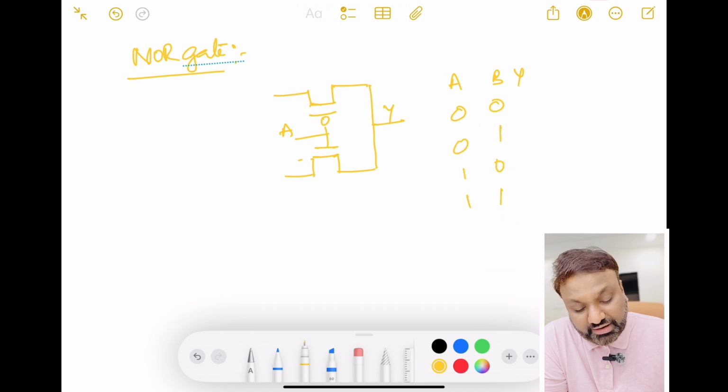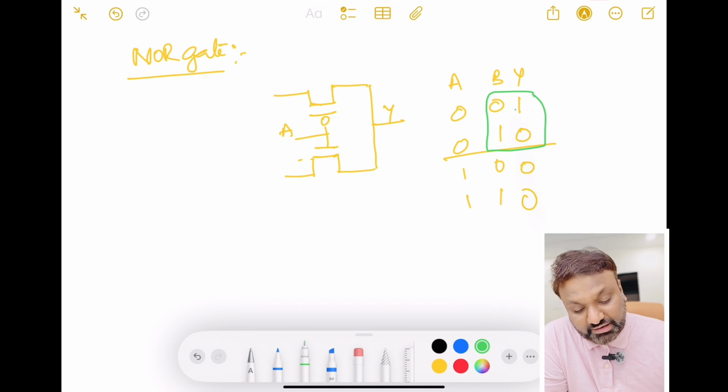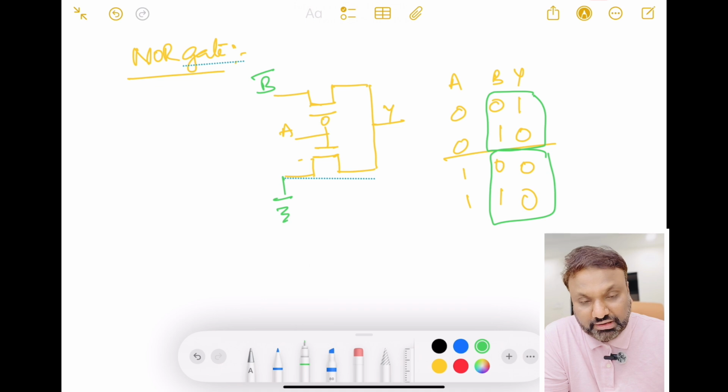For a NOR gate, that is correct. Next, you can see here what will be the output Y. When A is equal to 0, Y is nothing but B bar, and when A is equal to 1, Y is always 0. So I will connect a ground here.